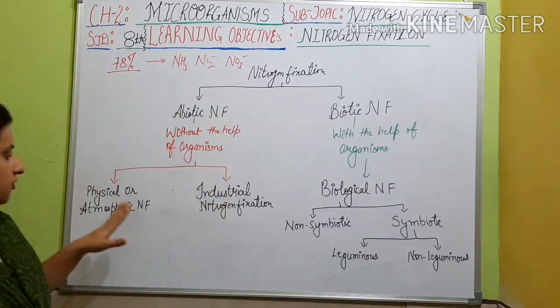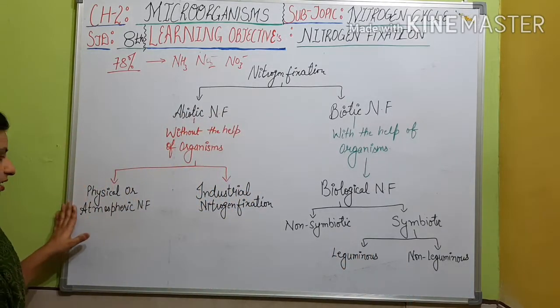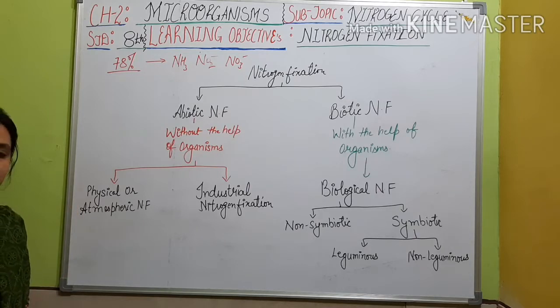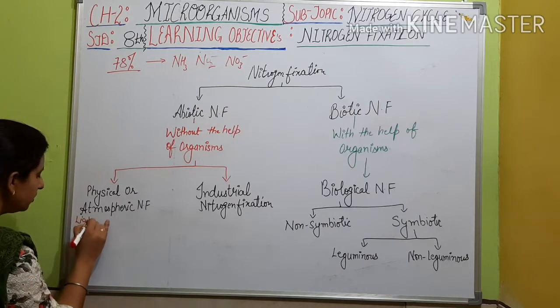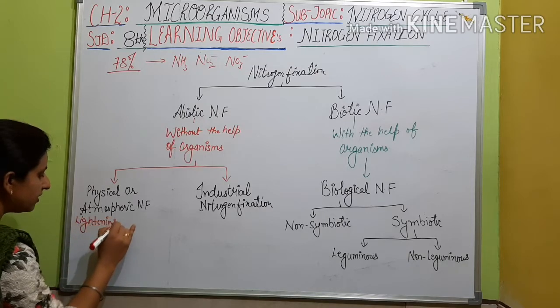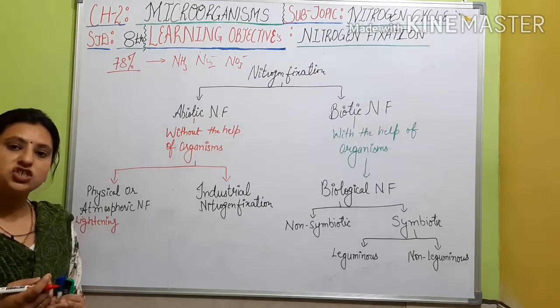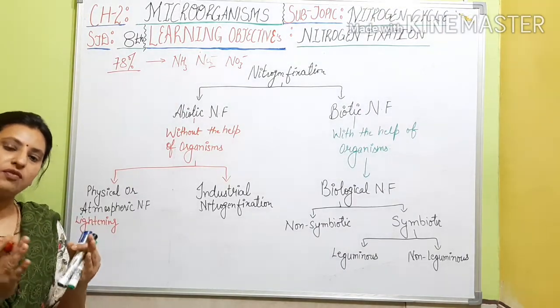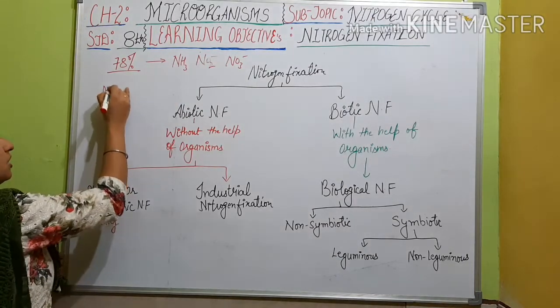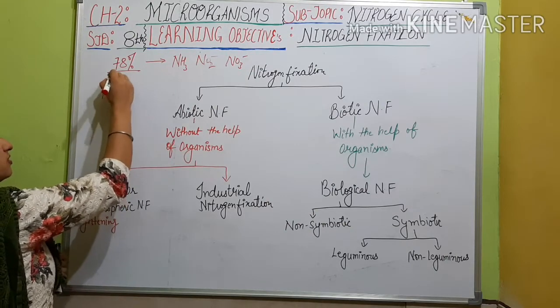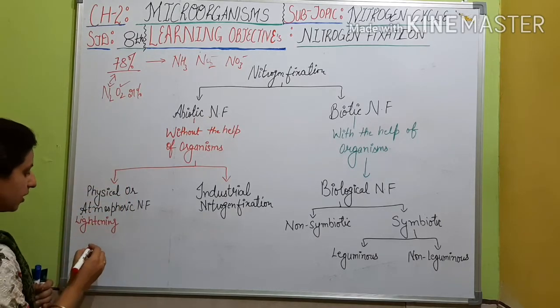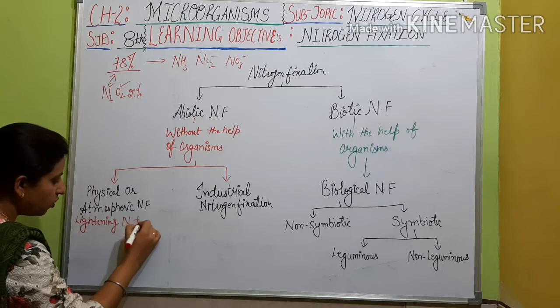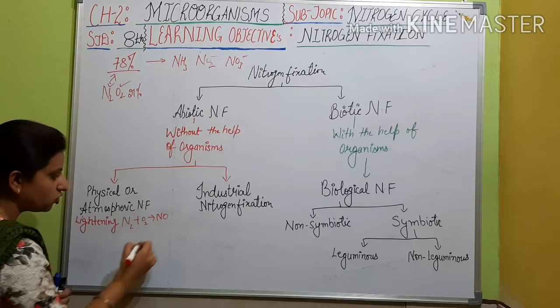So let's check first what is there in physical or atmospheric nitrogen fixation. There is no organism involved in it, but during lightning, what happens? There is an increase in temperature and pressure in the atmosphere, and we know that two gases, nitrogen and oxygen, are present. Nitrogen is present at 78% and oxygen at 21%. So what is happening here? The nitrogen and oxygen combine to form nitrogen oxide.